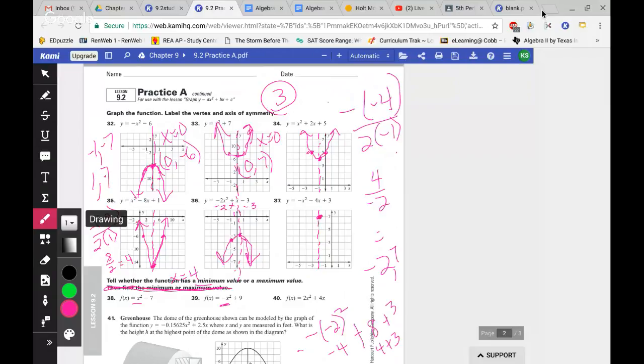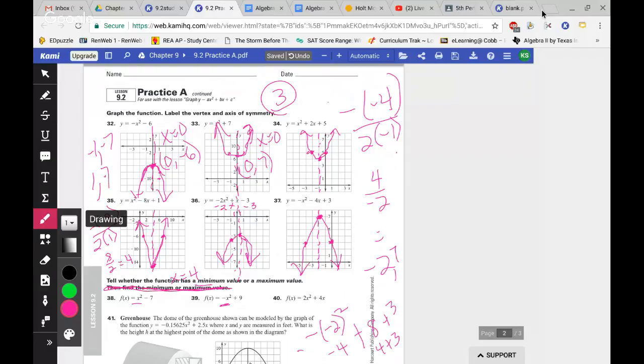Oh, well, that's a good idea. That was awesome. Stick a 0 in since the vertex isn't on 0. That's so much better. So then all you have to do is count over 2 to have your mirror. Awesome. You're a genius.